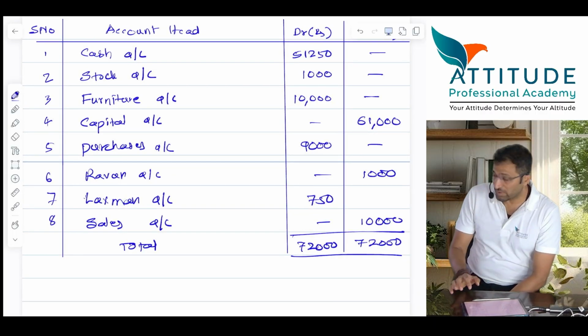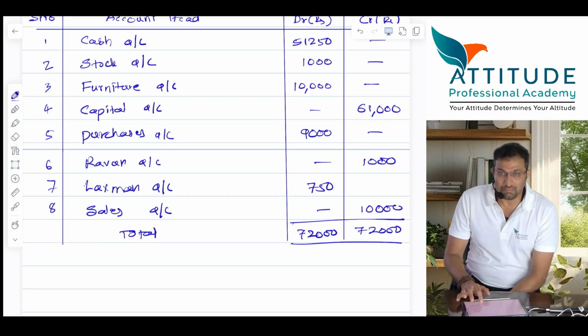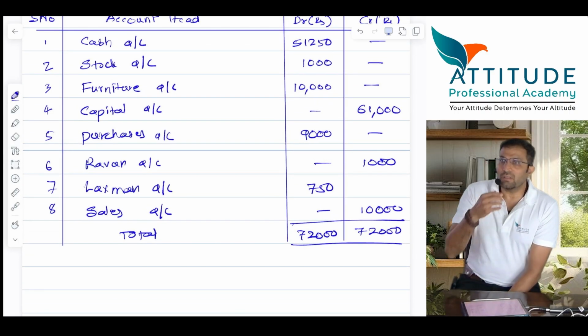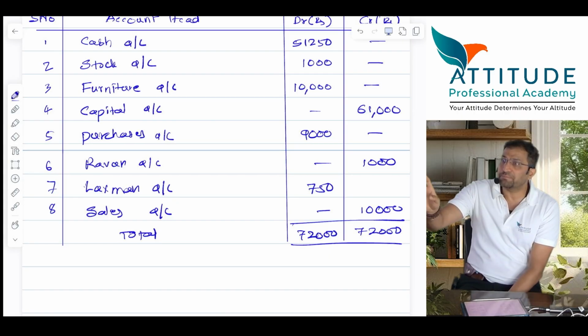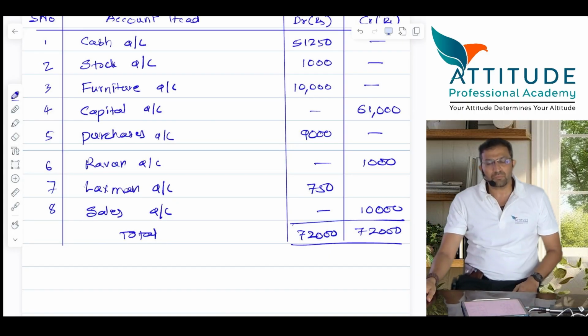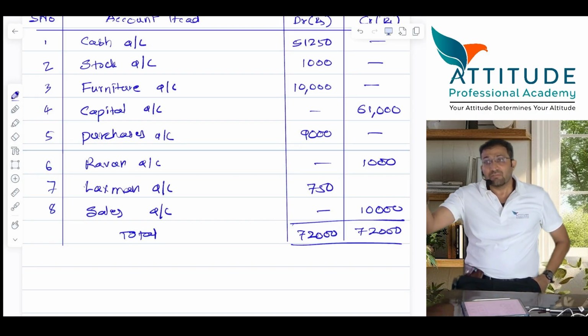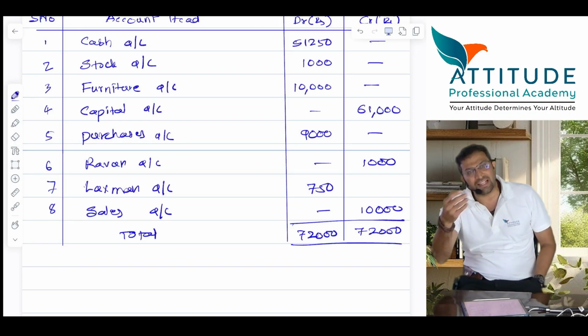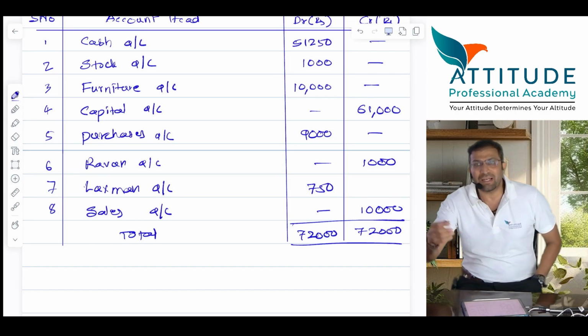I hope all of you understood this. So, your trial balance should tally, the reason being for every corresponding debit, there is a corresponding credit. Now guys, with the help of this trial balance, you prepare your final accounts. That is trading account, profit and loss account and balance sheet.